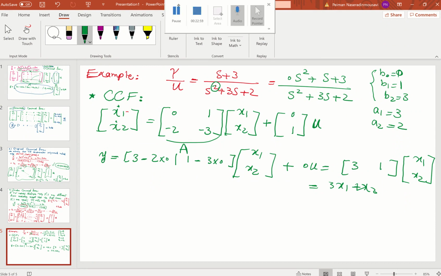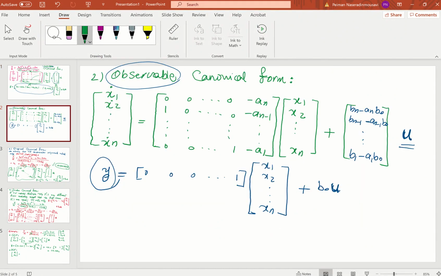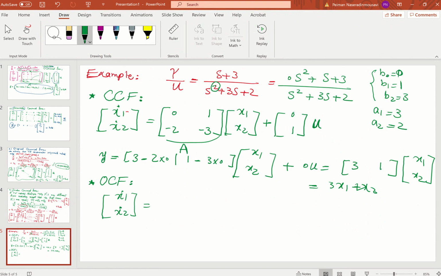Now, guys, hold on. If I extend that to the observable canonical form, I taught you that it's enough to transpose the A matrix. Here was the A matrix; if you transpose it, this row becomes the column, so you're going to have 0, 1, minus 2, minus 3.